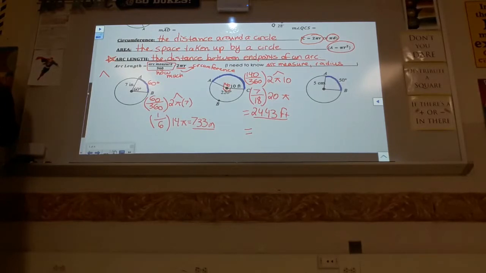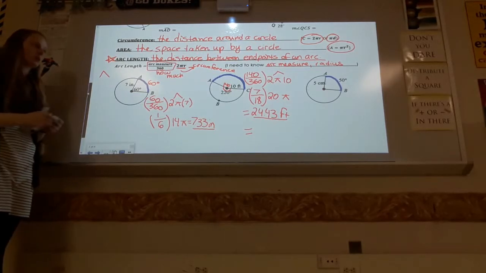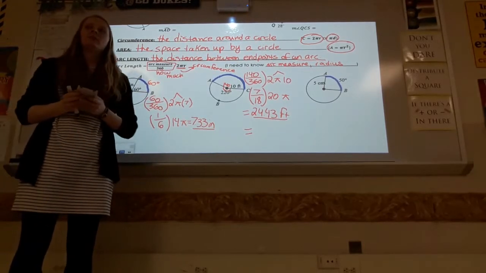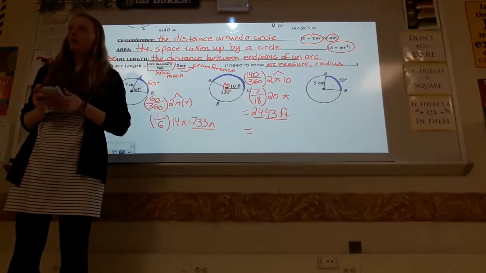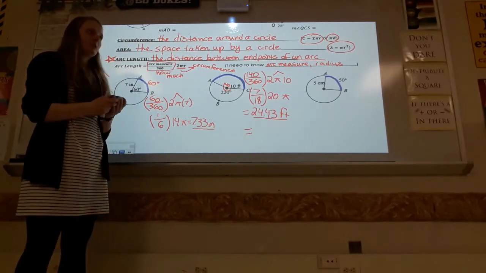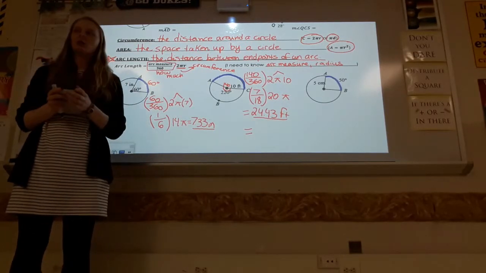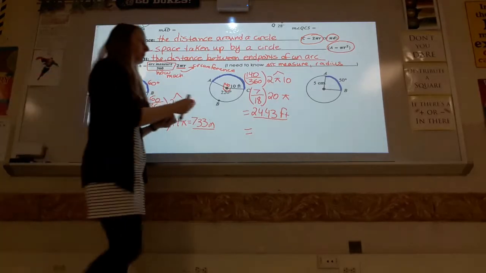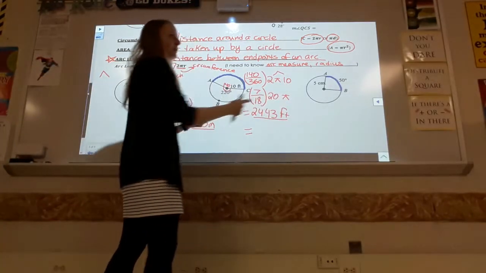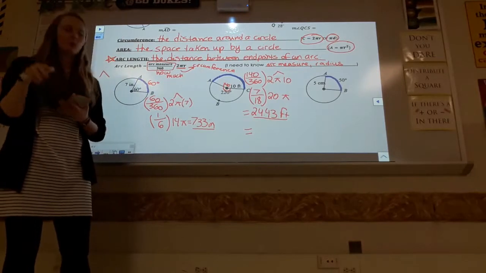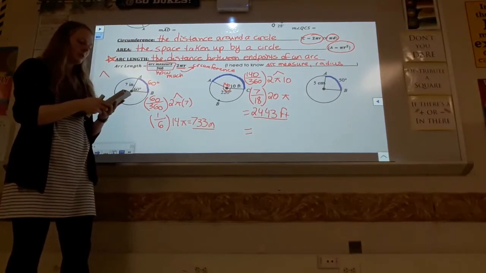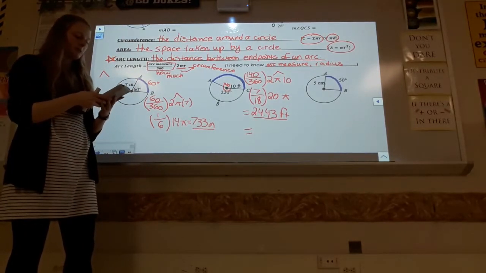So if the directions say please write your answer as a decimal or something like that, that's how you'd want the answer. However, if they say leave your answer in terms of pi, that means they want you to put everything in the calculator except for the pi symbol. So now for this version of the answer, I want you guys to just do 7 divided by 18 times 20.